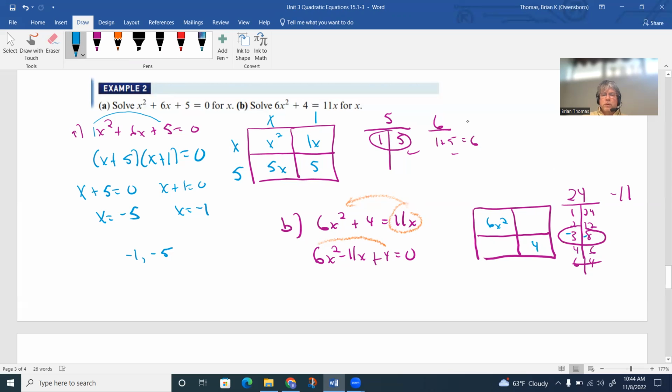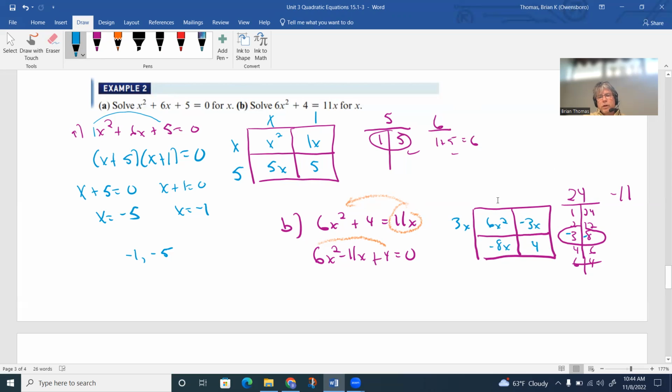So this allows me to build the rest of the box. So this -3x goes here, and this -8x goes here. And again, it doesn't matter what spot you put those in. So our next move is we want to identify the GCF of the top row, the 6x squared and the negative 3x. So notice that they do have a 3 and an x in common. So 3x comes out.